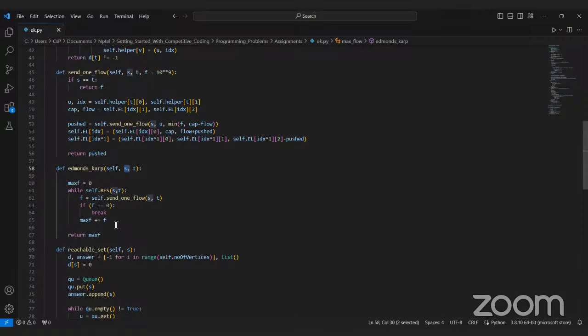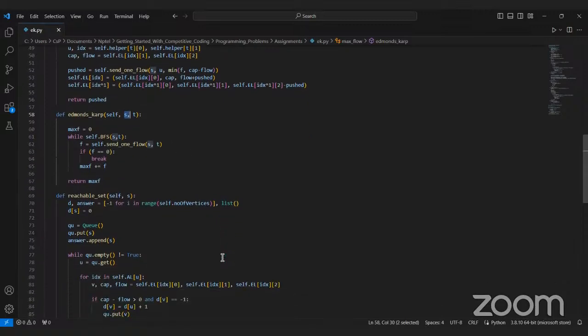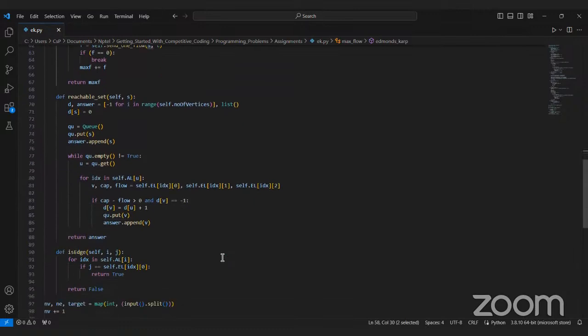I think I'm not confusing too much, but yeah, that's the entire solution here for you on the Edmonds-Karp.